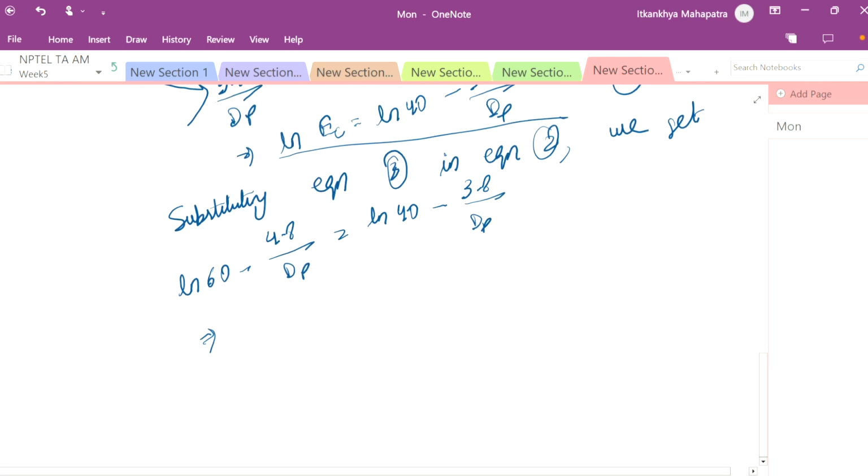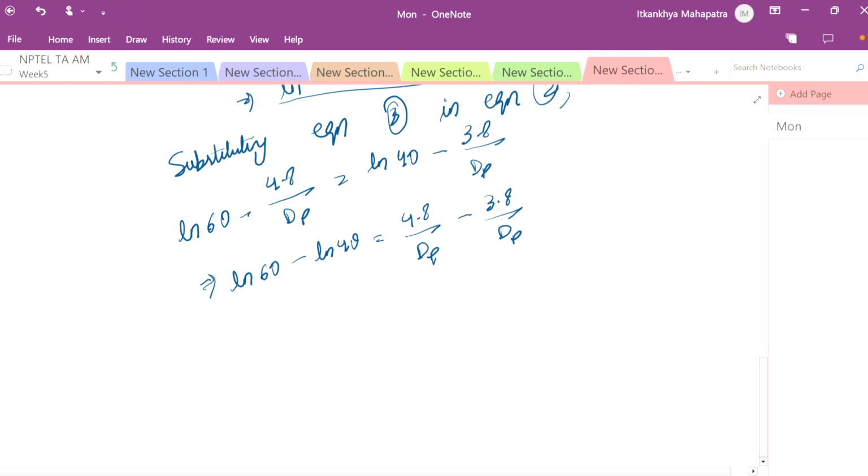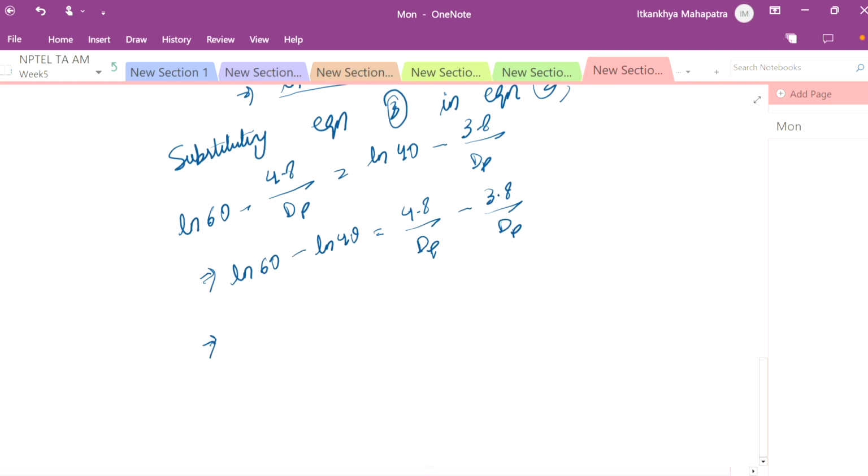This will become ln 60 minus ln 40 is equal to 4.8 by dP minus 3.8 by dP. Now this will become ln 60 minus ln 40.